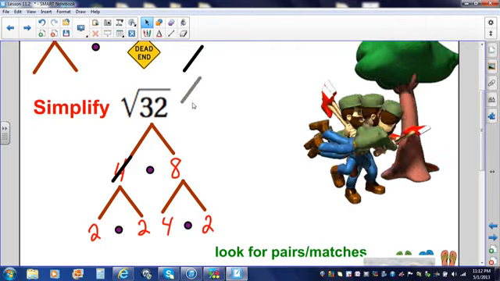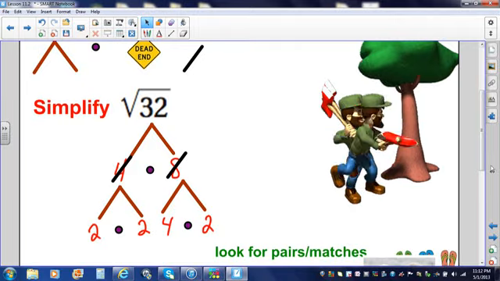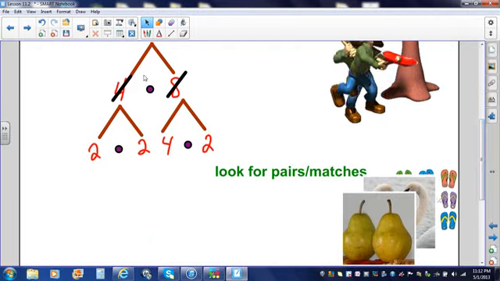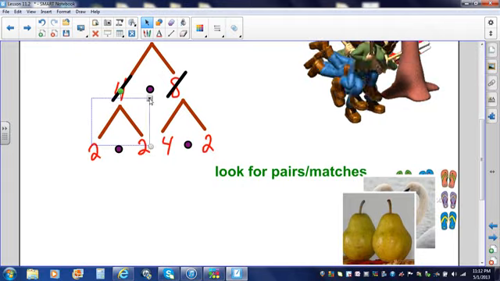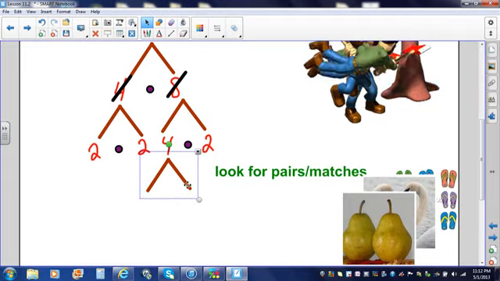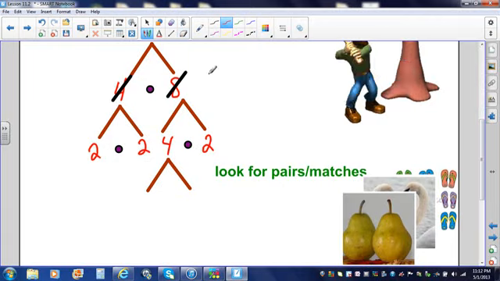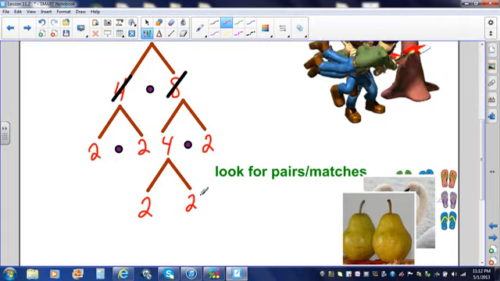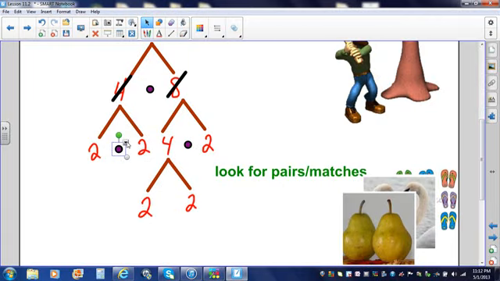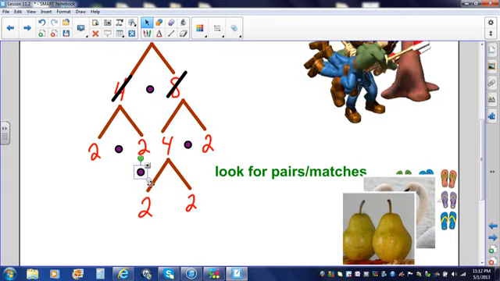I'm going to cross out the 8 because 4 times 2 is the same thing. And just like we did before, how can we make 4? We can make 4 by saying 2 times 2. Two times 2 is the same thing as 4, so I'm going to cross out that 4.